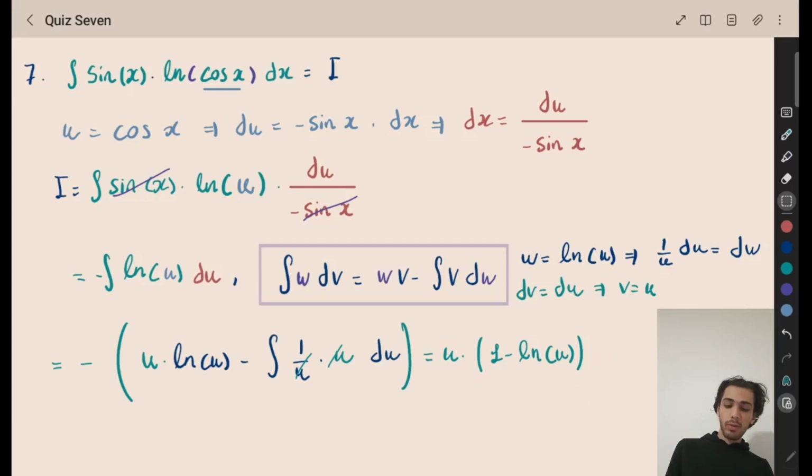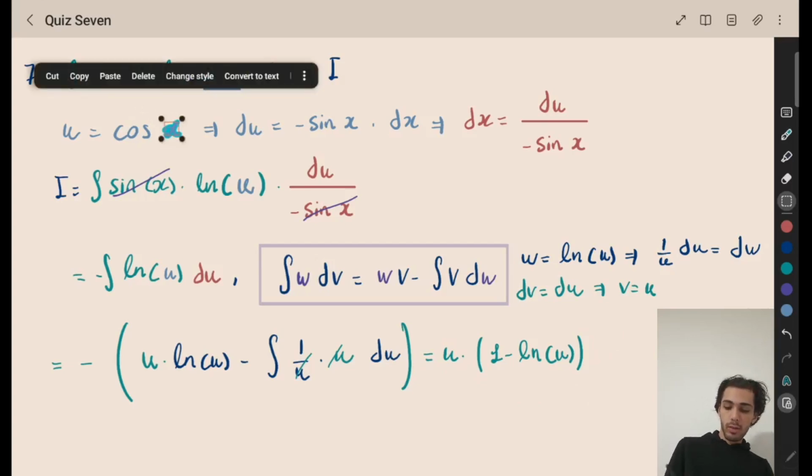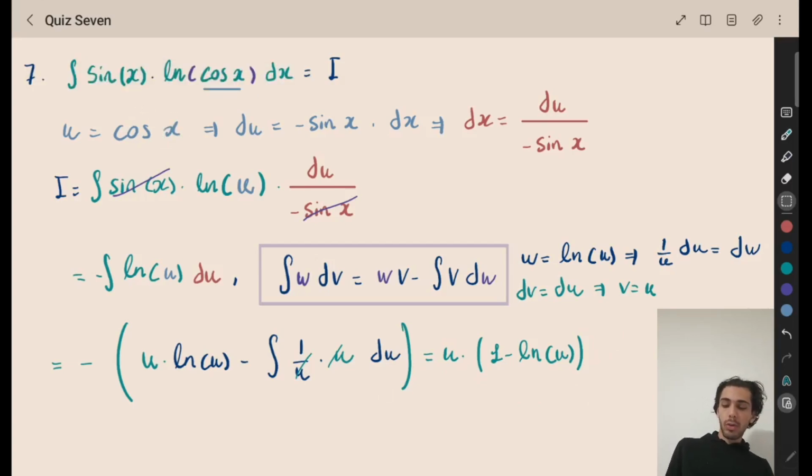But then I would like to have my final answer in x. So u is equal to cosine of x. Therefore, I have the answer: cosine of x times 1 minus ln cosine of x.